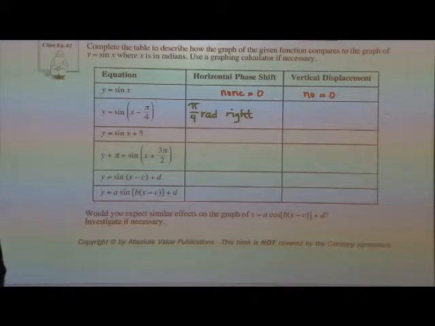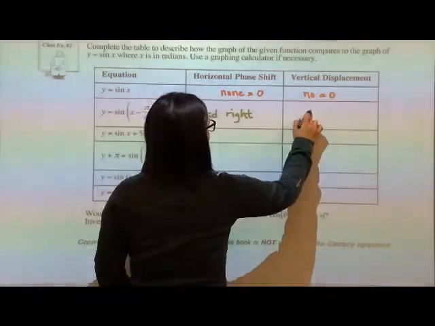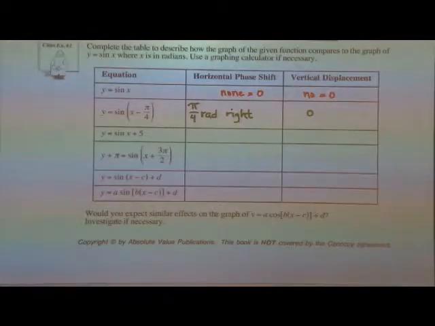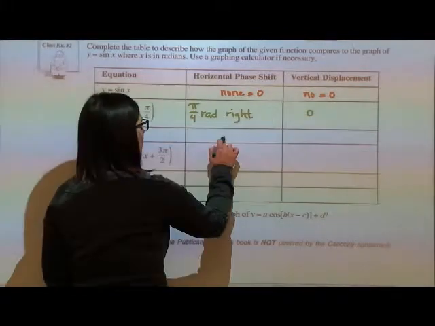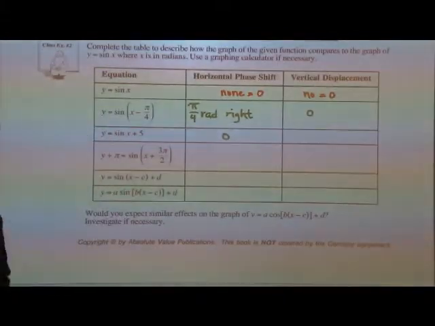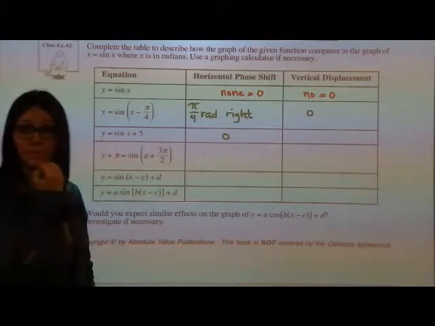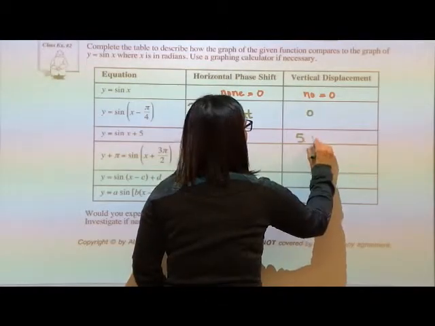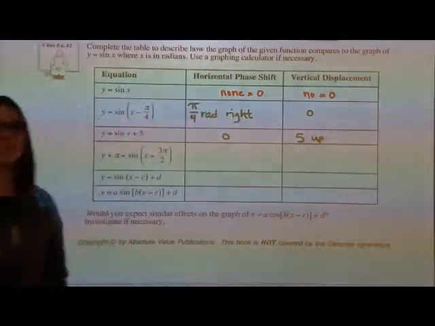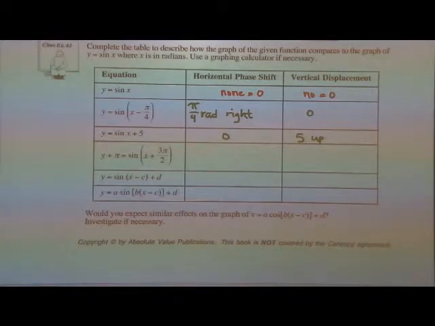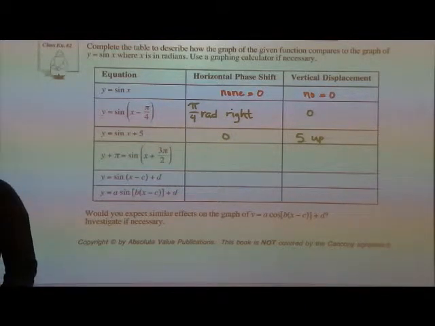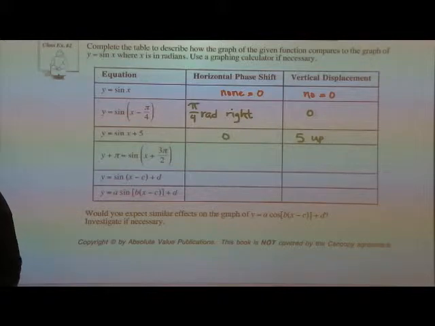What's the vertical displacement? None. Okay? If I have the equation y equals sine x plus 5, what's the horizontal phase shift? None, there is none. And what's the vertical displacement? 5 units up. How do I know that the 5 was a vertical displacement and not a phase shift? Because it's not in the brackets.